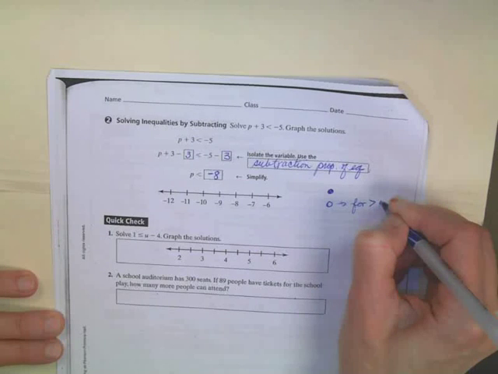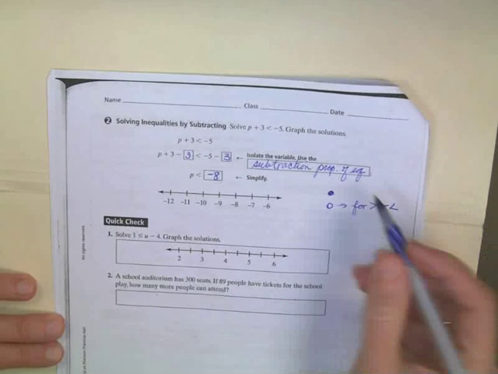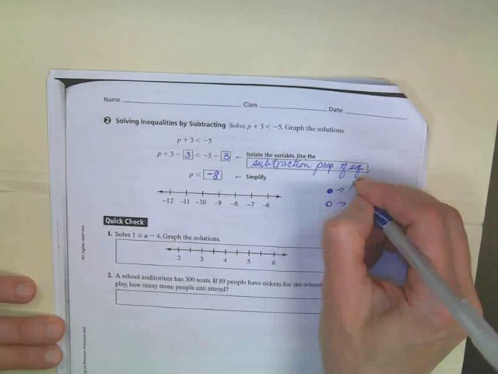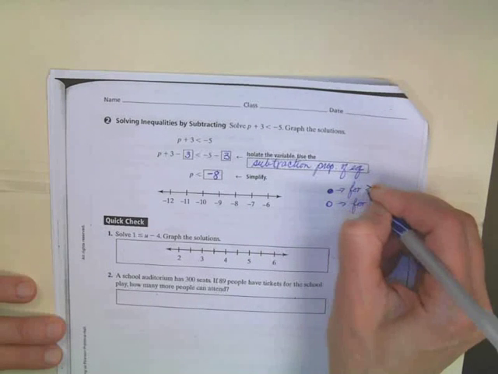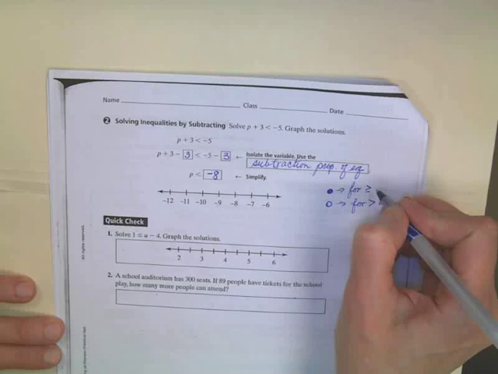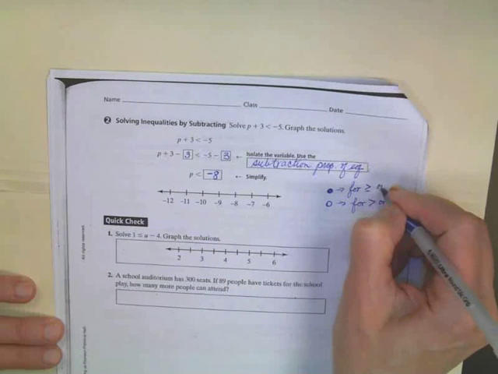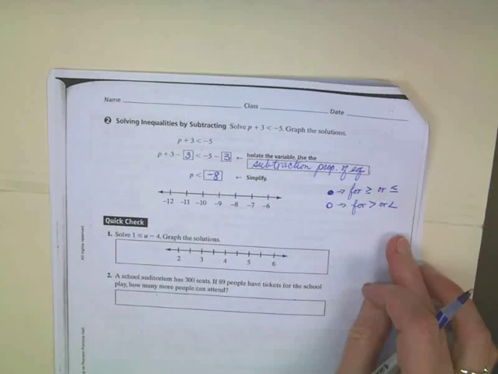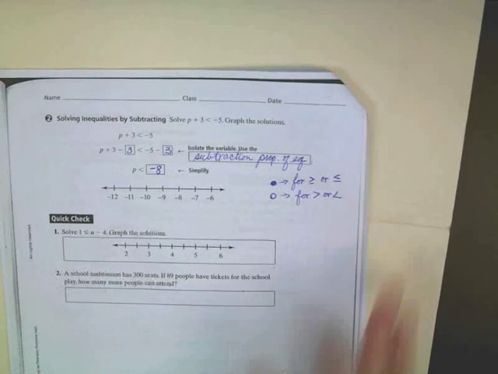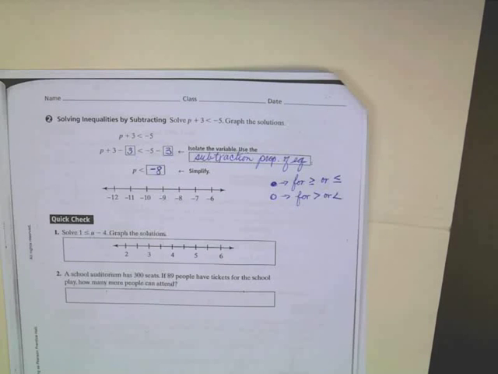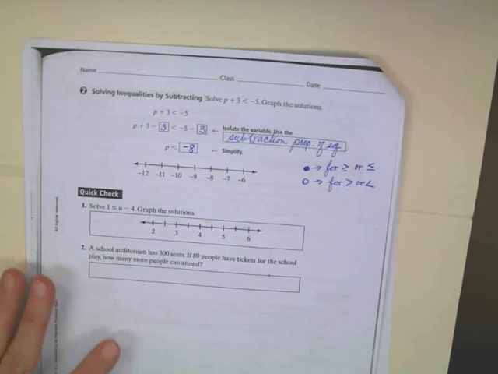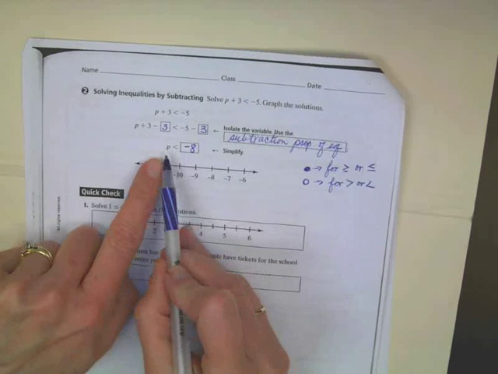If you have greater than or equal to or less than or equal to, you're going to use the solid dot, because the number that you find is actually part of the solution. Whereas if it's just greater than or just less than, those numbers are not actually part of the solution. We will talk in a little more detail about that in class as needed.